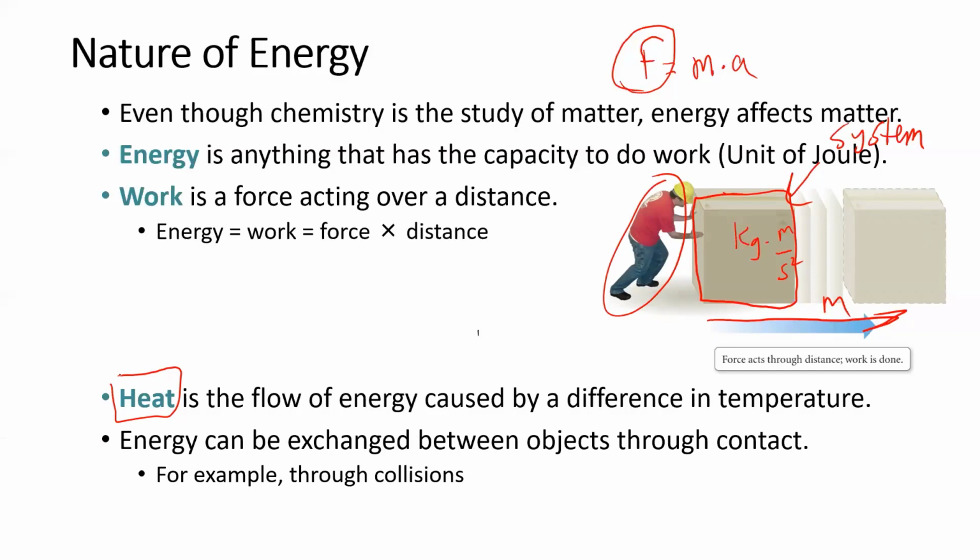So we have to understand that energy can be exchanged between objects. How? Through contact. So I showed that example here. The box is a system. The man is the surroundings. It contacts the system, and through using work, the energy flows into the system, and it's able to travel a certain distance. Heat flows from hot to cold.